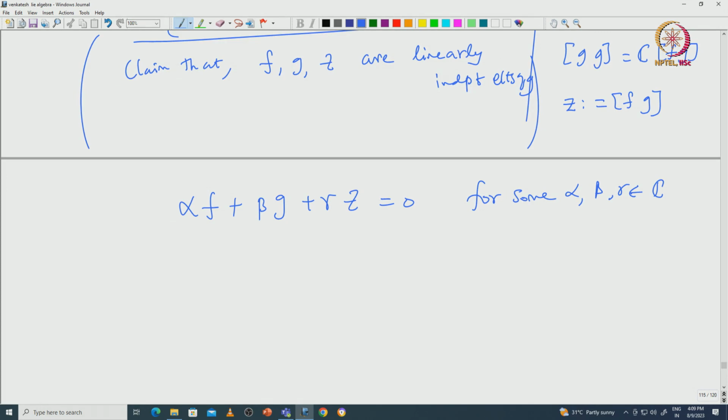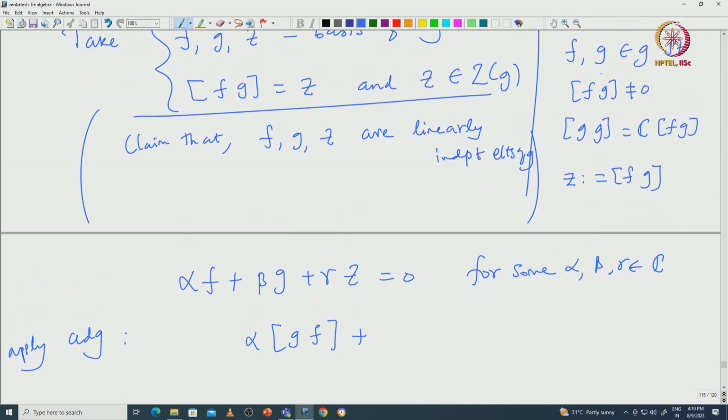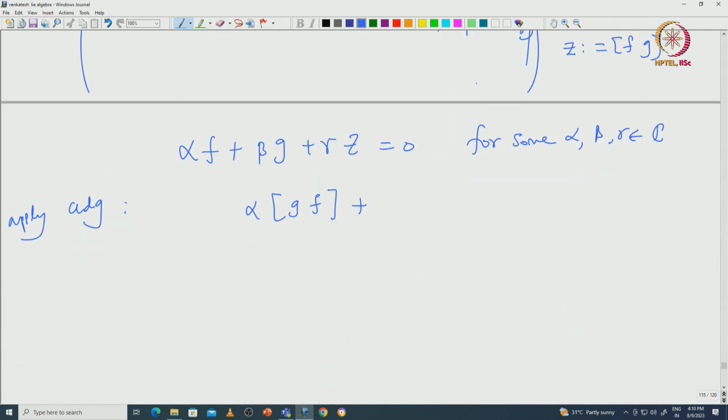Now, what can we do? We can then simply apply ad g here. If you apply ad g, then what do you get? We get alpha [g, f] plus beta [g, g] will be 0, and then gamma [g, z] will also be 0 because the derived algebra is contained in the center. Okay.